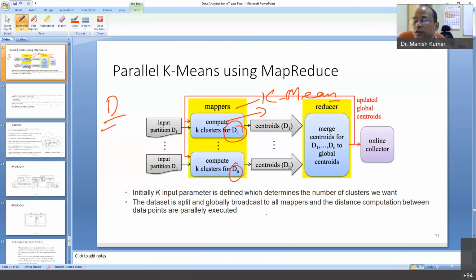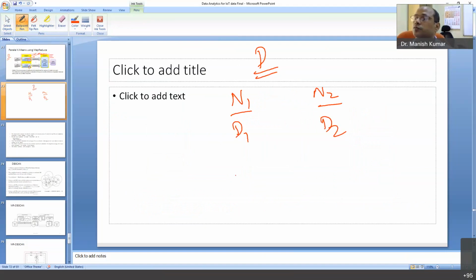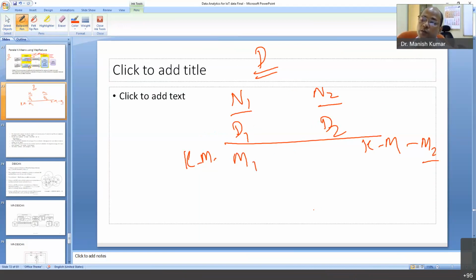Yes, the reason is very simple. Just take an example, then it will give you the idea. Suppose the data is distributed in node 1 and node 2. So you have d1 and d2 of data d. Now you are applying k-means here and k-means here, so mapper 1 and mapper 2 will be executed.